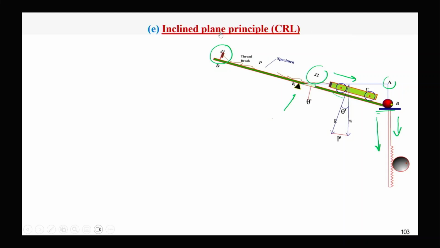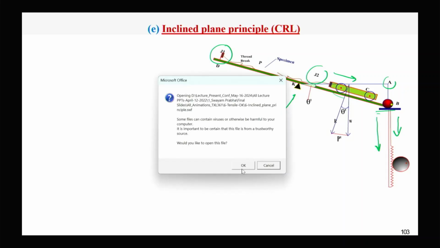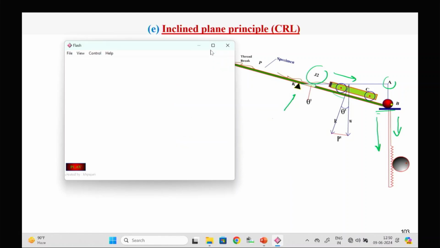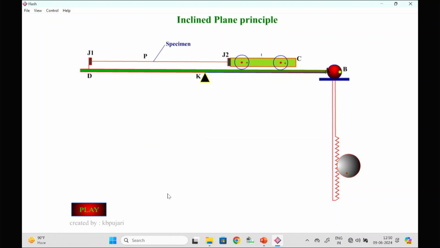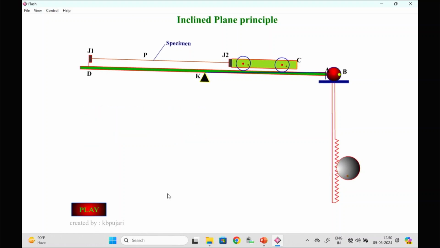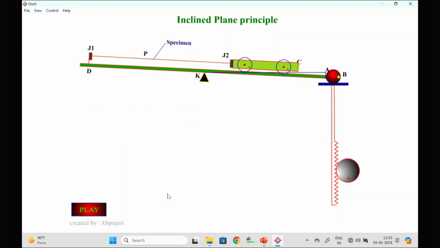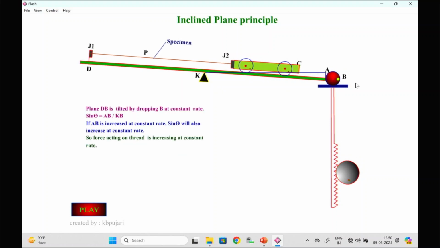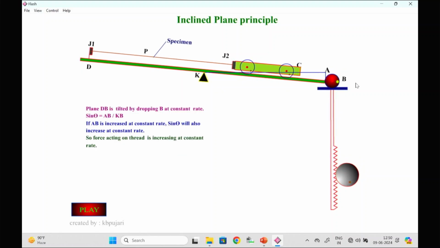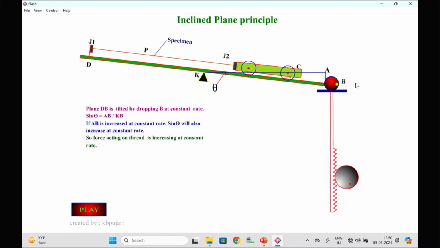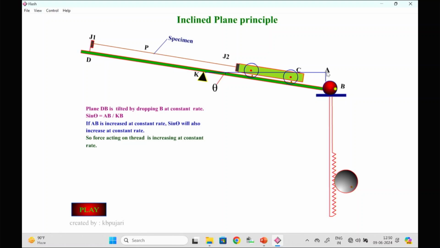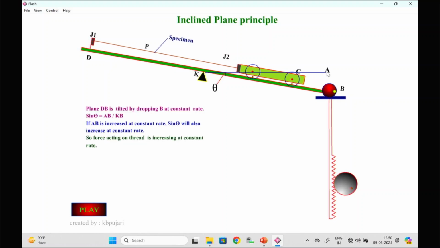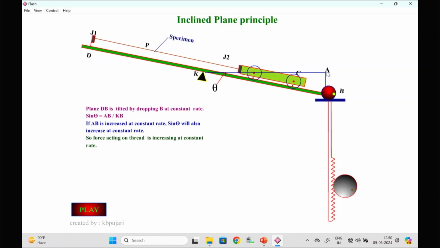So let us try to see the animation. Initially it is horizontal. Now the other end B is moving downward. The initial position of the point B was A. So it's moving down at constant speed.